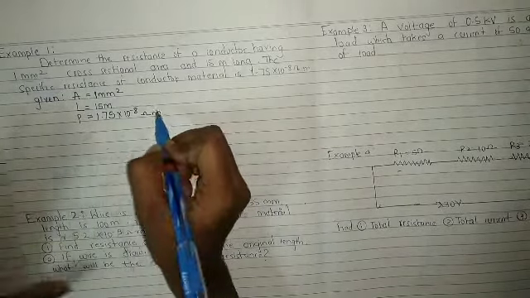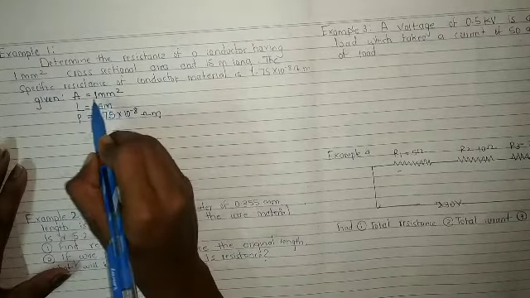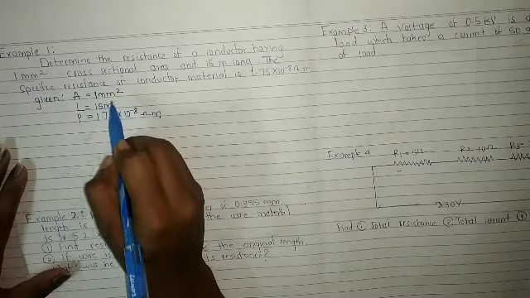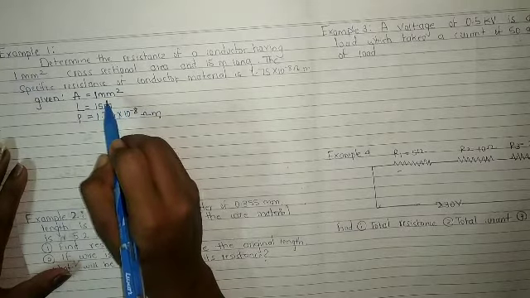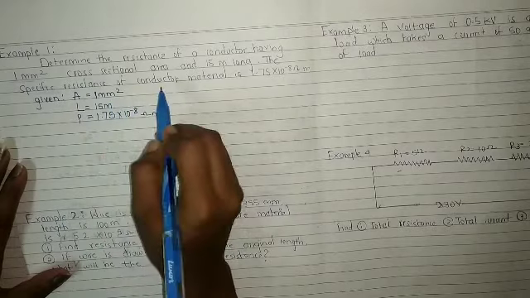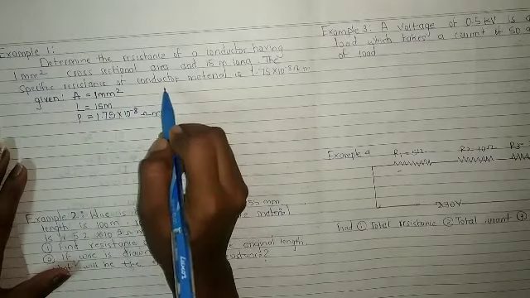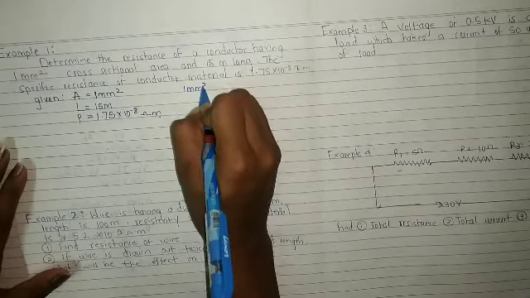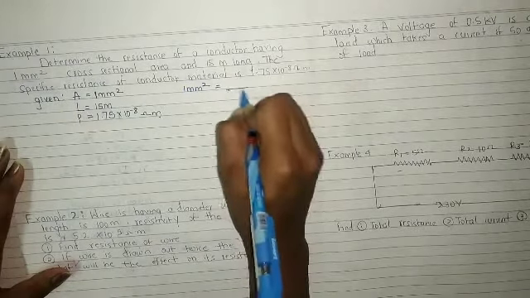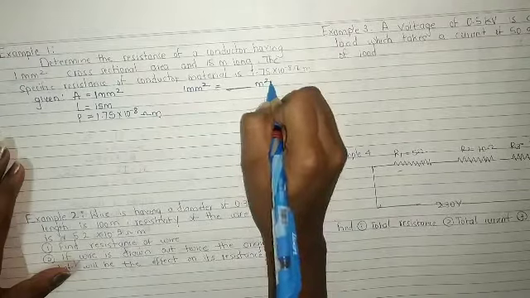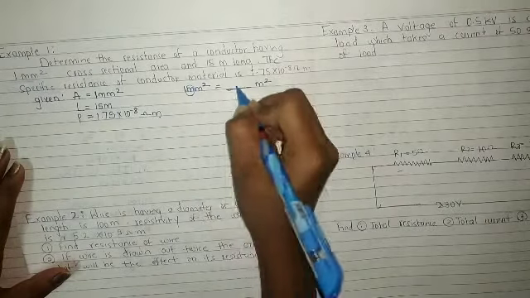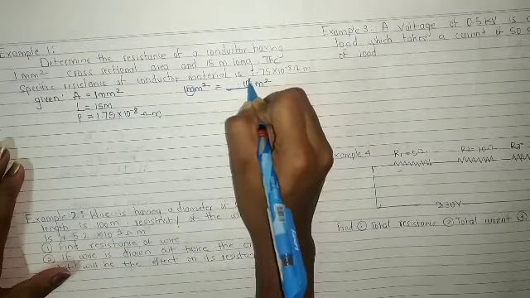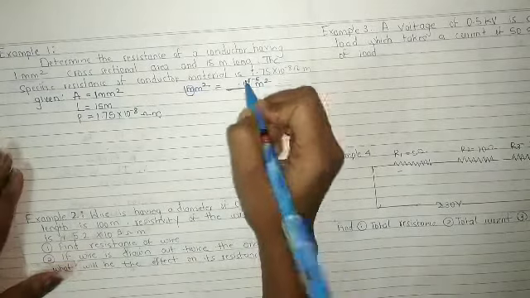Now we'll check the units. The area of cross section is given in square millimeter, but we want the area in square meter. That means we have to convert 1 square millimeter into meter square, by multiplying it by 10 raised to minus 6.